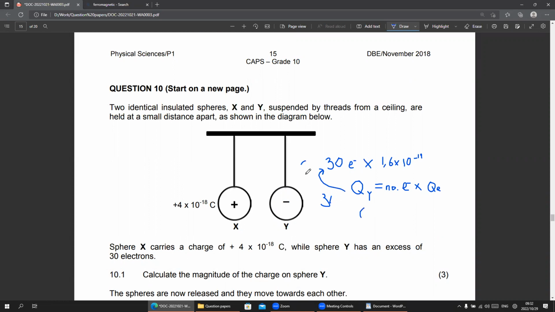So here you're gonna substitute this, QY is equal to... let me just erase something.